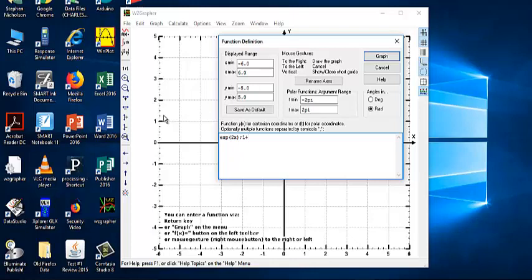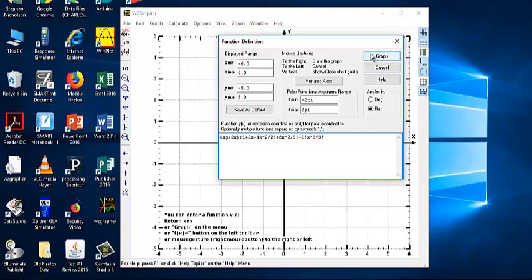And we have 1 plus 2x plus 4x squared divided by 2 factorial plus 8x cubed divided by 3 factorial plus 16x to the 4th divided by 4 factorial. I made a few typing errors there while entering it.